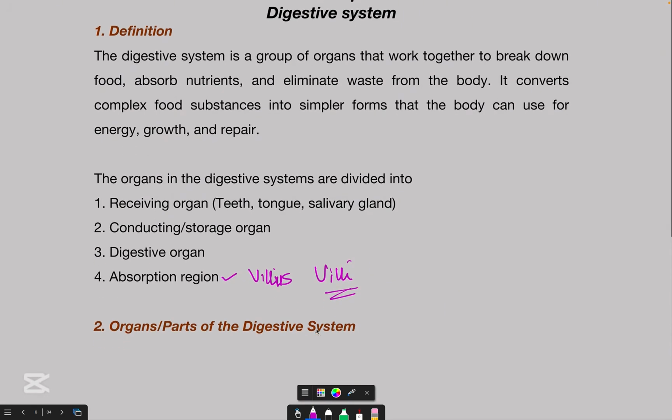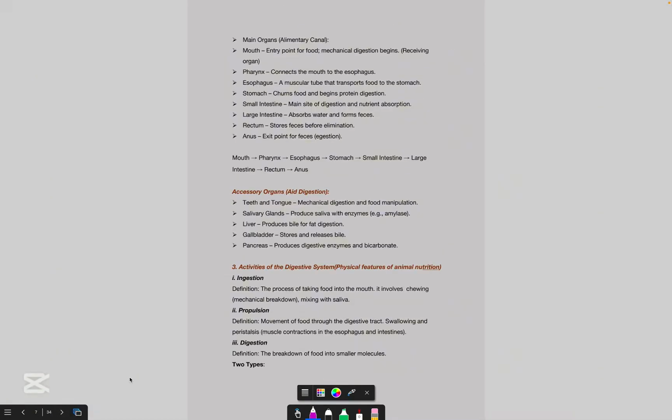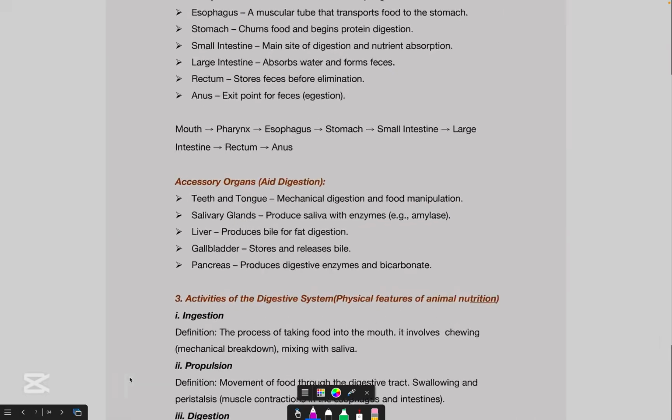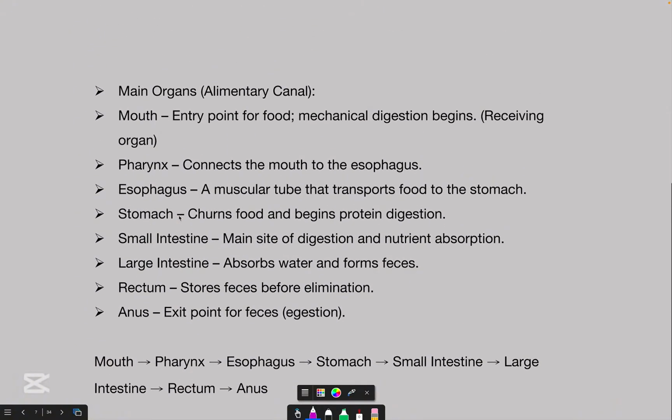Is that okay? Now, organs or parts of the digestive system. We have the main organs and we have the accessory organs. The main organs are the organs that are particularly designed for the digestive system.